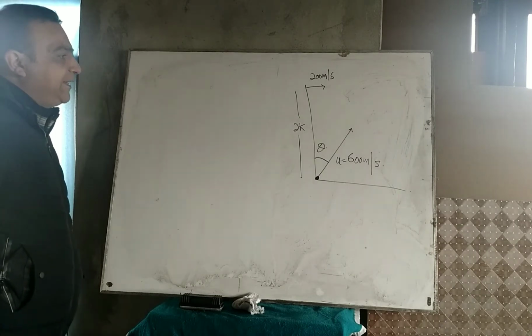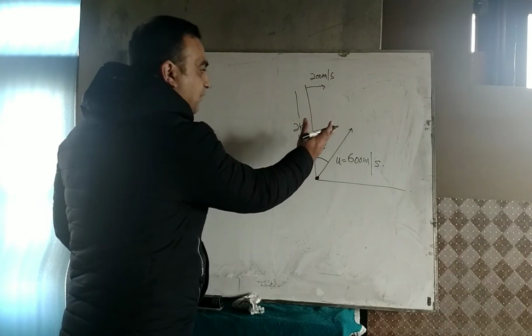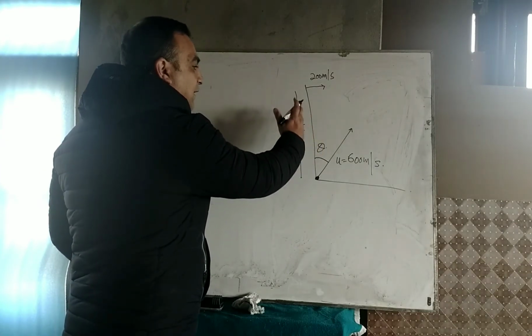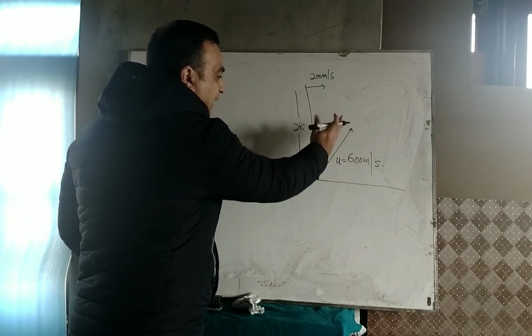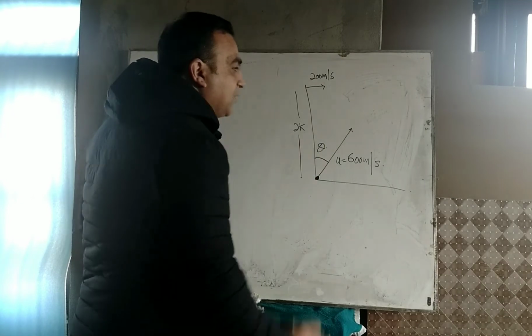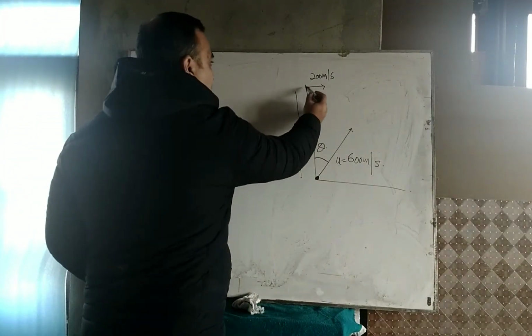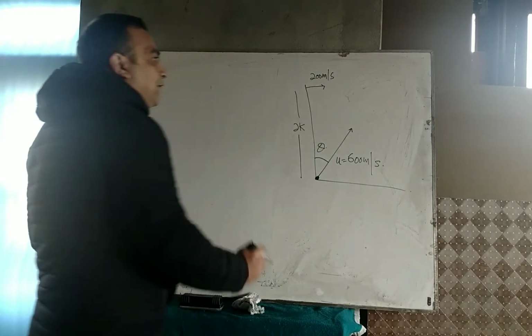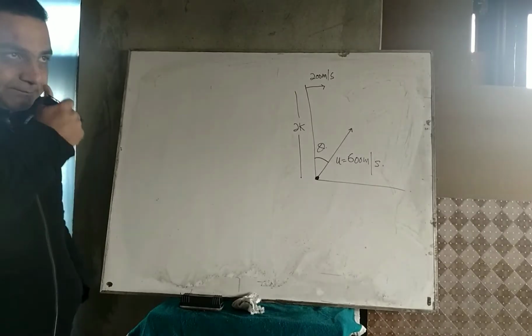So the question here is what should be the angle of projection with respect to the vertical, so that the bullet shot by this anti-aircraft gun hits the airplane, and this airplane is moving with the speed 200 meters per second.